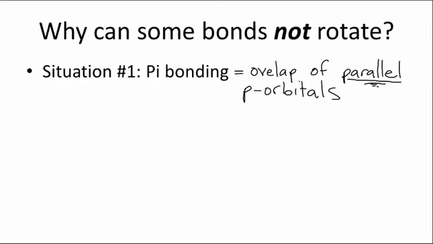And the word parallel is important there. I need my two p orbitals to be lined up in such a way that they overlap. And if I start rotating around the bond, it's going to break my pi bond.